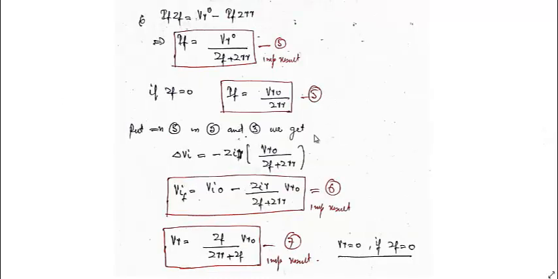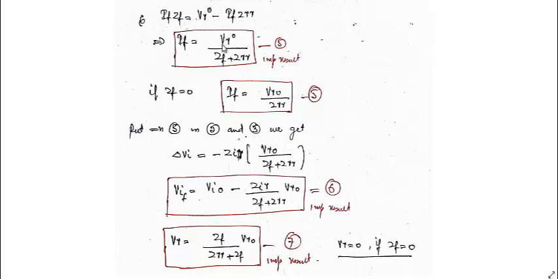So equating these two equations, because this is also equal to VRF, this is also equal to VRF, that means IF ZF will be equal to VR naught minus IF ZRR.